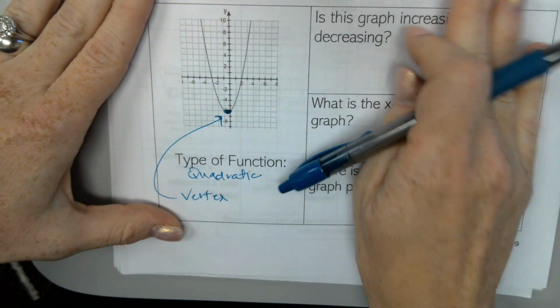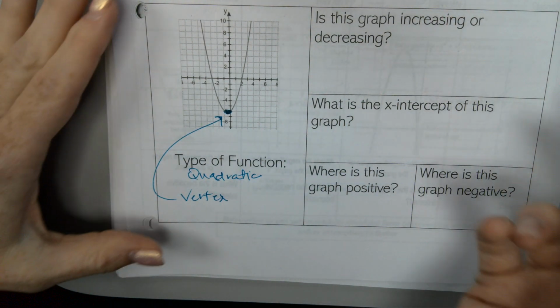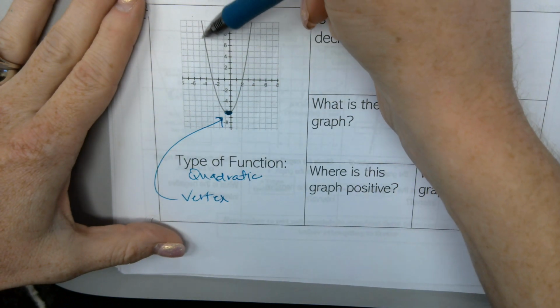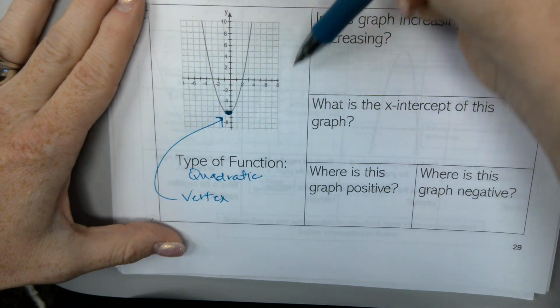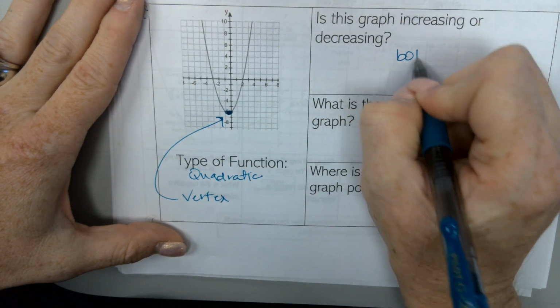Thankfully, I'm not worried about where it's doing what. I'm not specifically asking where is it increasing, where is it decreasing. I know that it is falling, and then it turns and it rises, okay? So it does both.